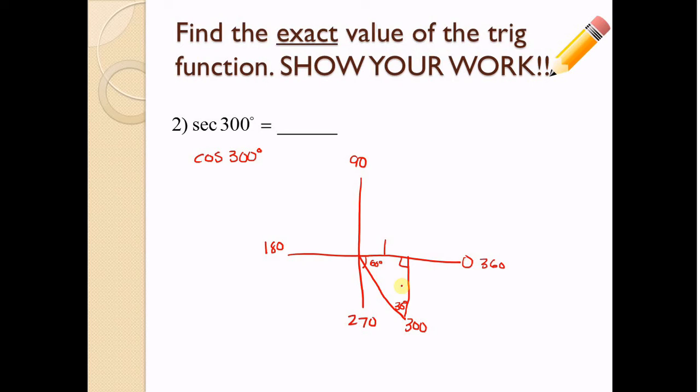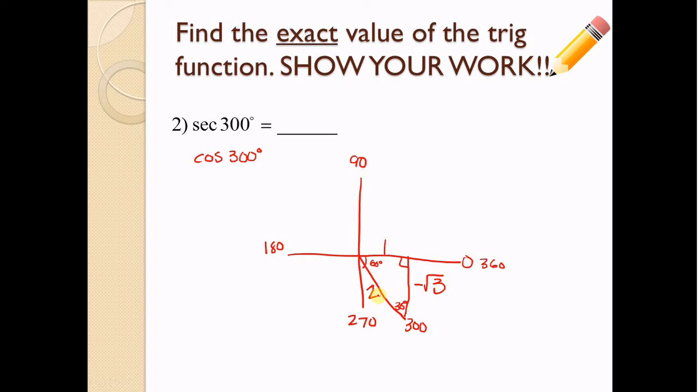Now, the long leg was the short leg times the square root of 3. Now, since I'm going negative, I'm going down, it's not going to be just the square root of 3, it's going to be negative square root of 3. Bearing with me? And then the hypotenuse was the short leg times 2. So my hypotenuse is going to be a 2.